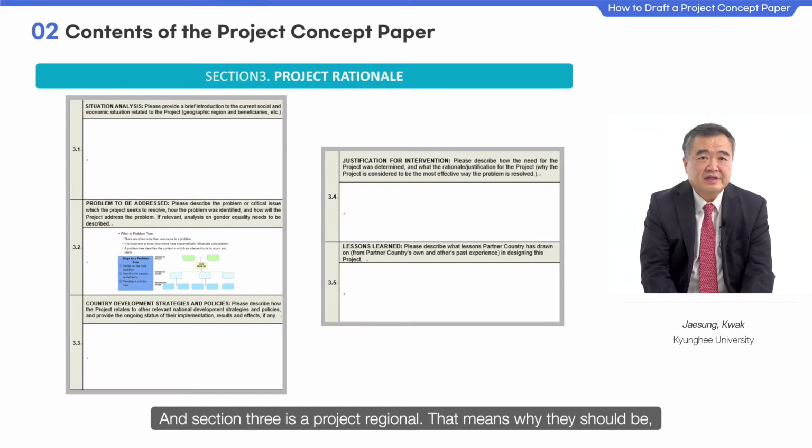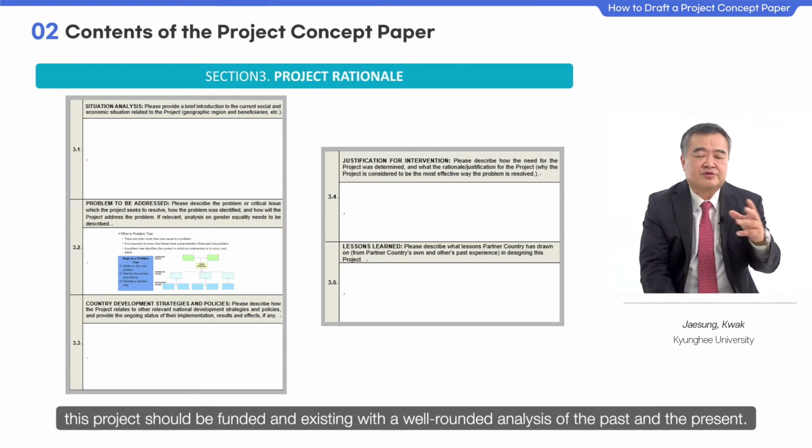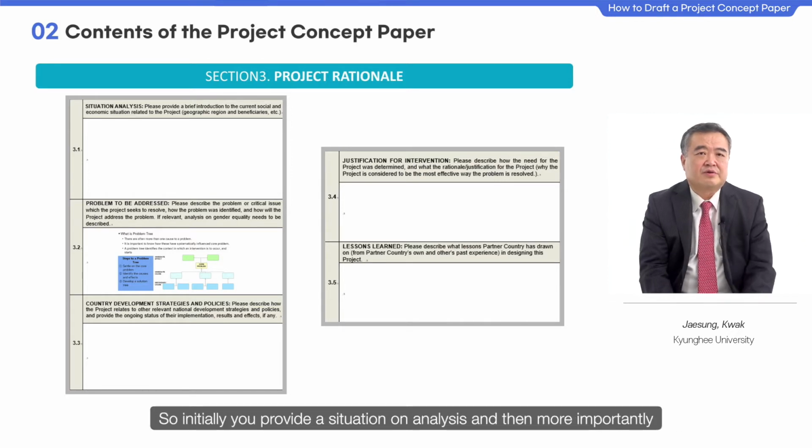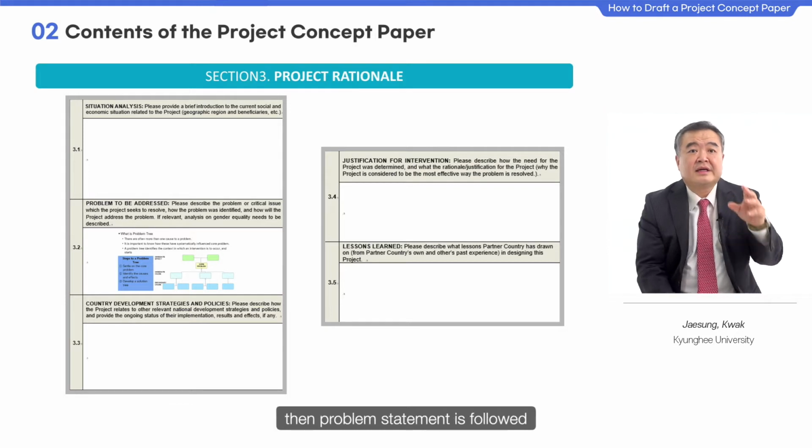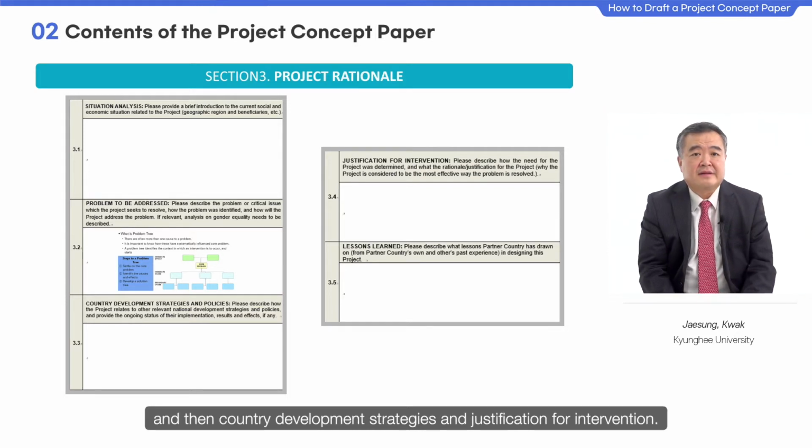And section 3 is a project rationale. That means why this project should be funded and exist, with a well-rounded analysis of the past and the present. So initially, you provide a situation analysis, and then more importantly, the problem statement is followed, and then country development strategies and justification for intervention.